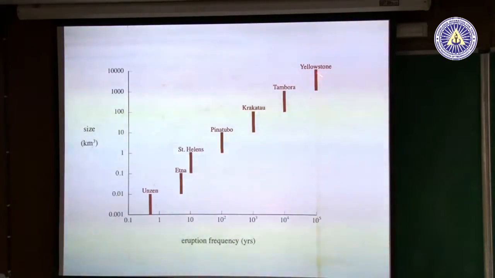And then you go to Yellowstone, which will end us all, but it only happens once every 10 to the 5th years, but it's really enormous. And these are typical examples of, you see Helens erupts once every 20 years or so, and so on and so on.